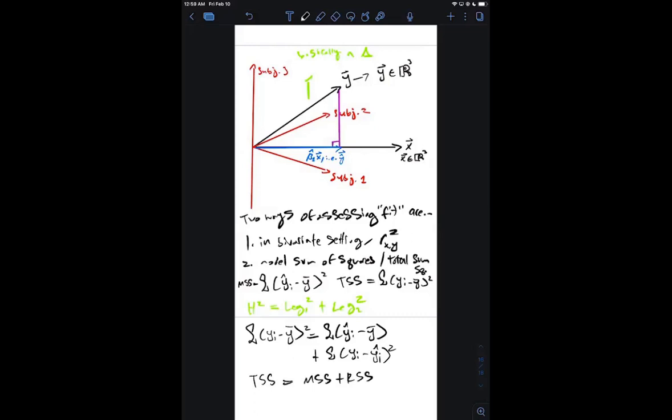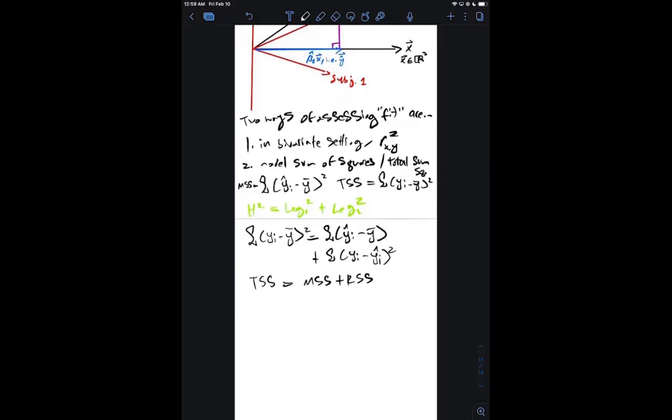So that's a really cool fact. But here's another neat way to think about it. Let's divide both sides by the total sum of squares. So we get 1 is equal to the model sum of squares over the total sum of squares plus the residual sum of squares over the total sum of squares.